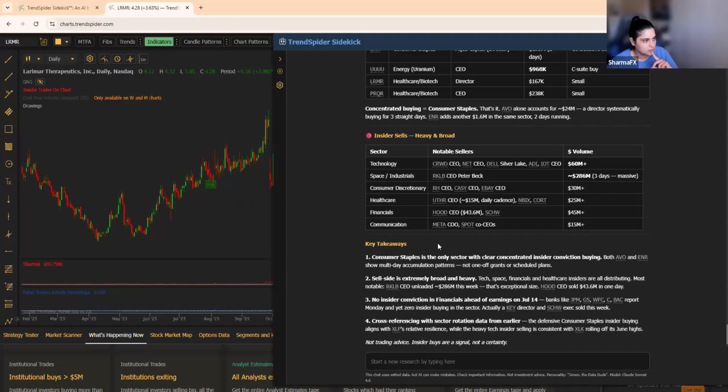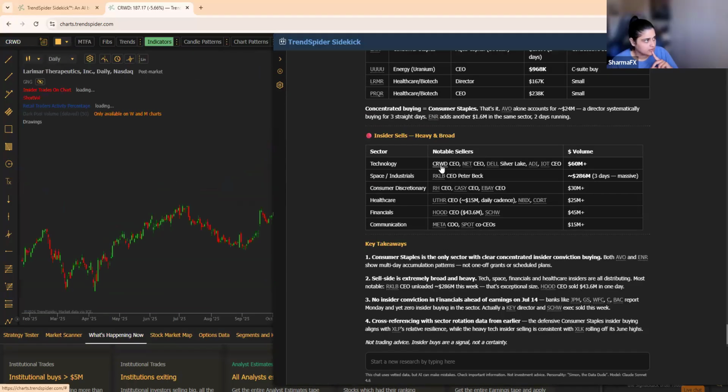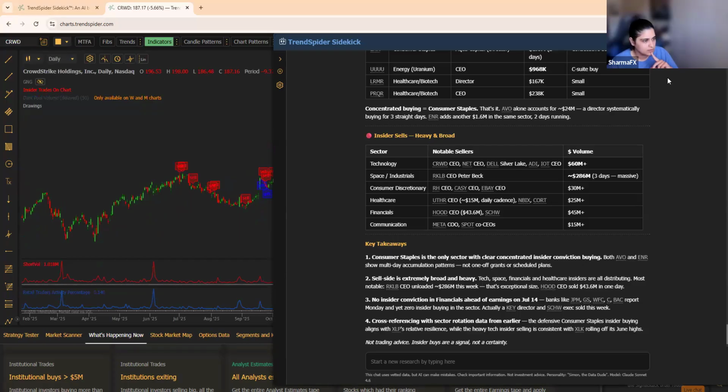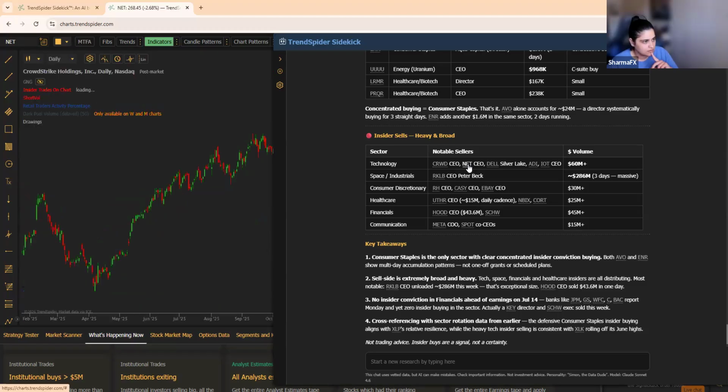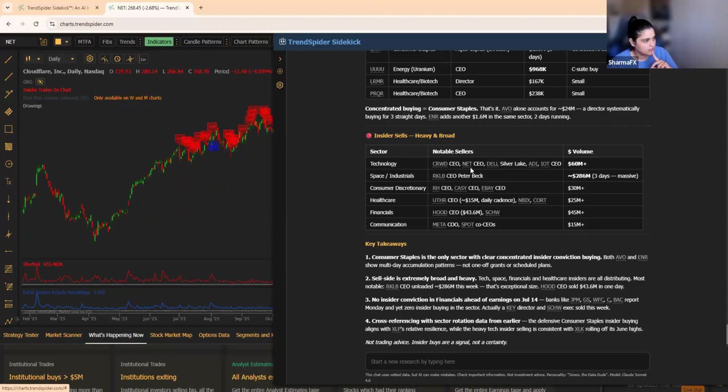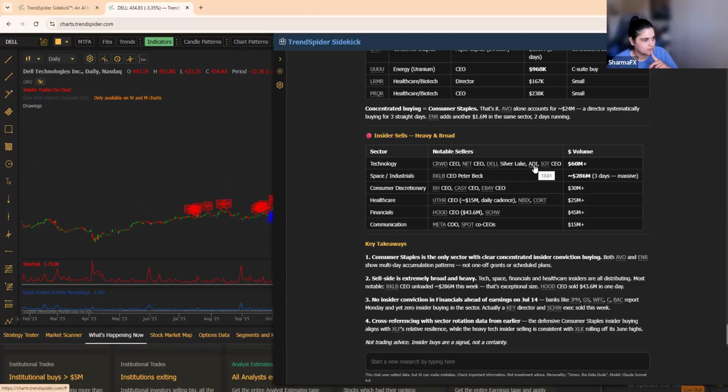And let's see here, a lot more selling happening with CrowdStrike, with the CEO, and also with Cloudflare, a lot of the CEO, notable sellers, and then with Dell, Silver Lake, which is one of the bigger funds as well.